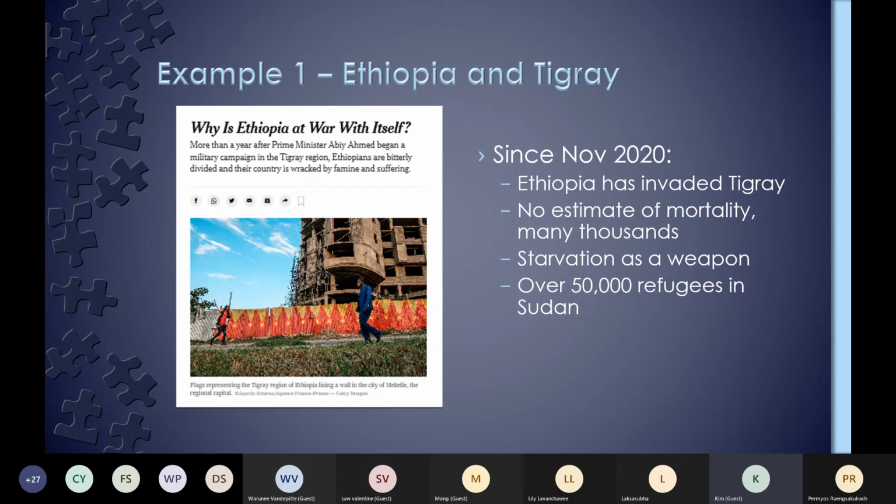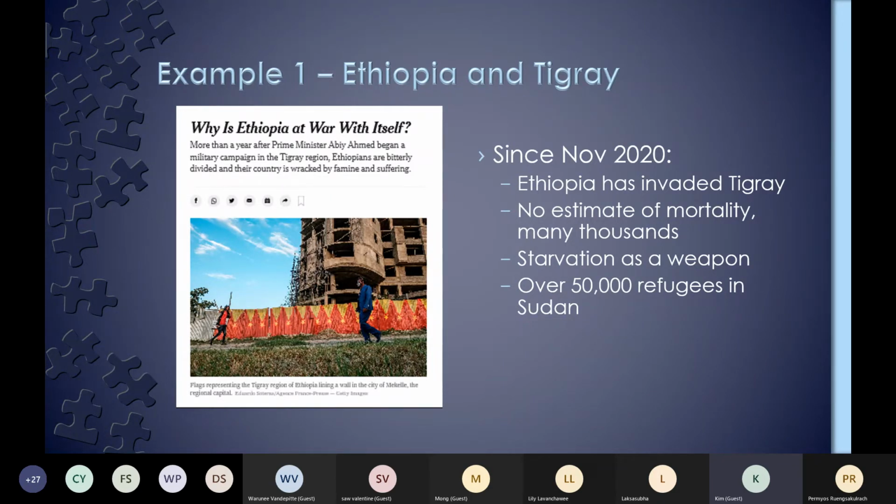There have been reports that starvation is being used essentially as a weapon of this war, and over 50,000 refugees are in the Sudan. This is particularly horrible for me because 40 years ago, I was living in the Sudan and looking after refugees from another war which looked very, very similar, in which the Russian-backed government of Ethiopia at that time, Mengistu Haile Mariam's essentially military government, was fighting against a number of rebel groups, and a huge number of refugees came into Sudan in the same kind of condition.